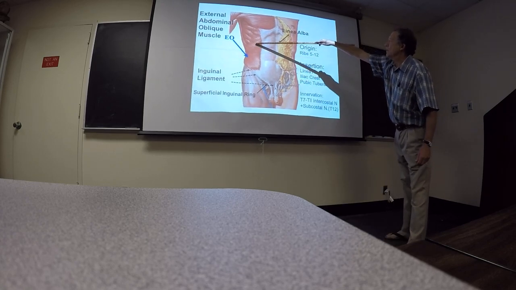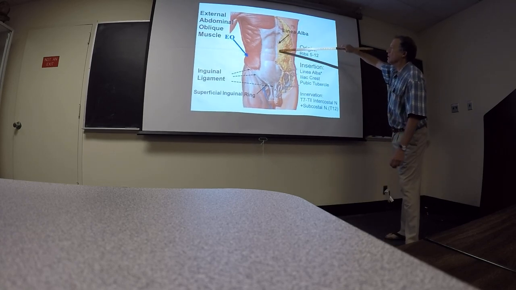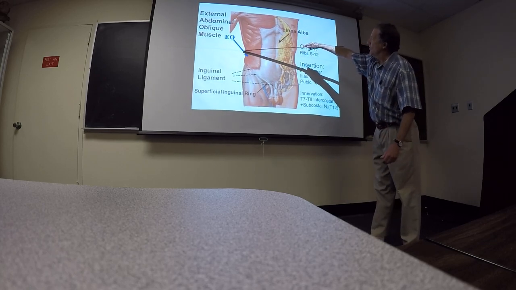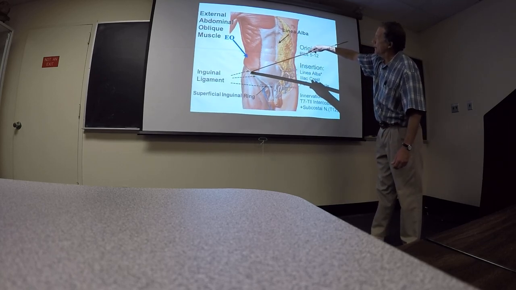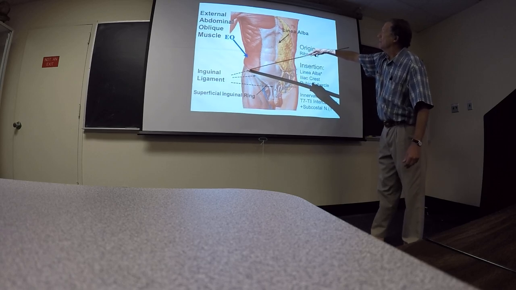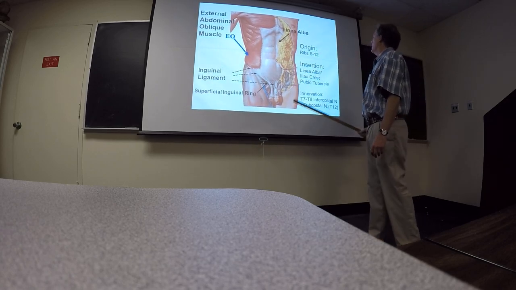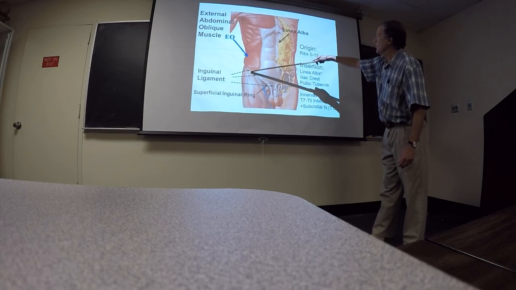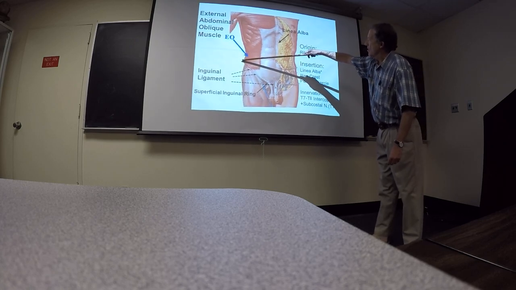So the right one comes into the midline here, the left one comes into the midline here. As you move lower, this part inserts on that upper part of the pelvic bone, known as the iliac crest. Inserts on the iliac crest, all the way down to here.